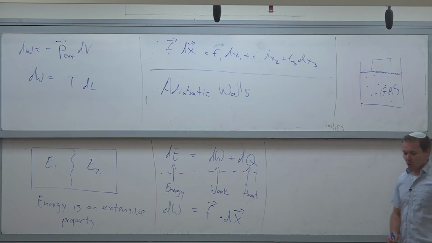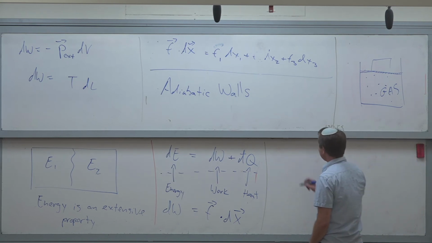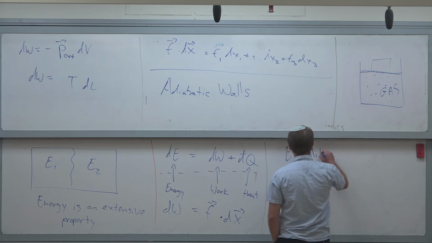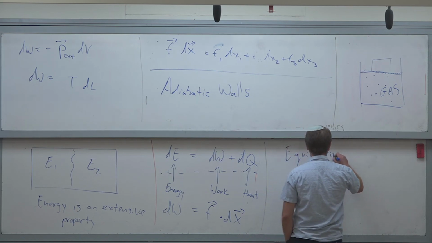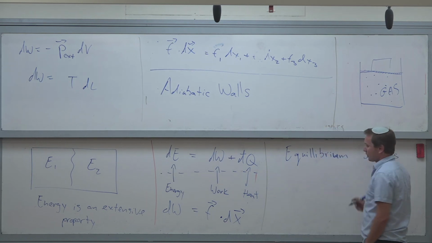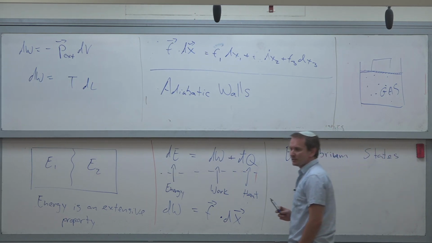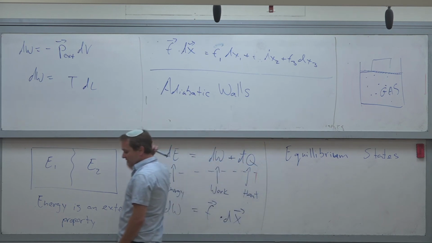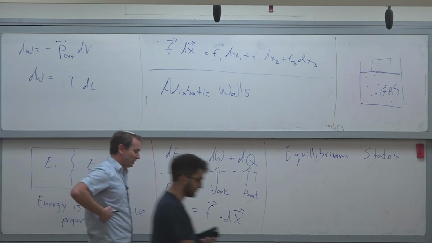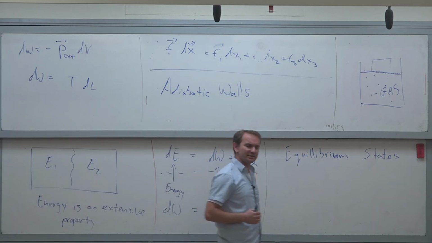Moreover, what I notice is that there are equilibrium states. What do I mean by equilibrium states? Let's consider that I constrain the volume of the system. I constrain the amount of heat that I have actually fluxed inside the system.